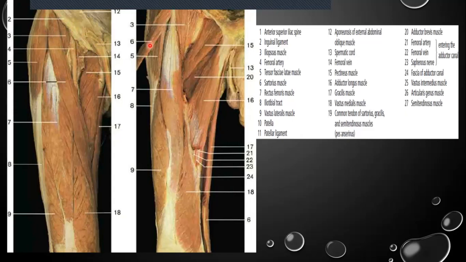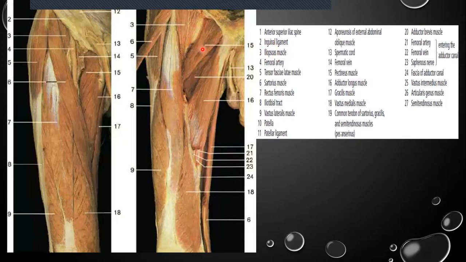Here we have cut the sartorius and deflected it to show you this muscle clearly, the iliacus. You can see like here they are calling it iliopsoas muscle, but this is the iliacus muscle, and you can see here is a tendon, the psoas major tendon, but some text as I had said earlier, defined as iliopsoas.